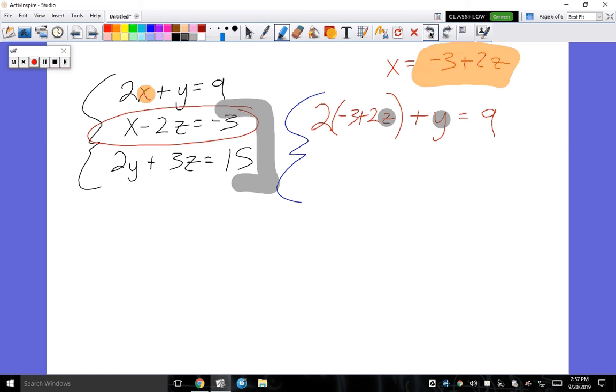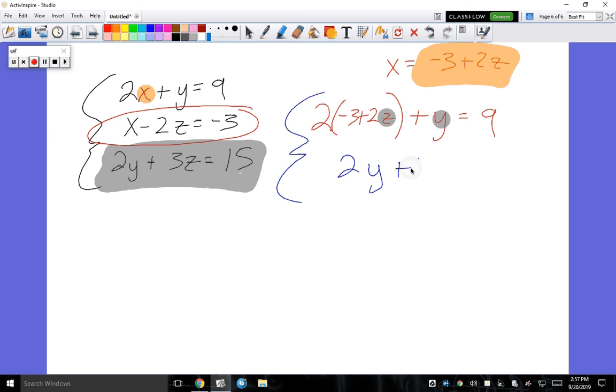Because this one's different. My goal is ultimately to get a 2x2 system with 2 variables. This substitution allowed me to get it down to z and y. And look, very conveniently for us, this one already is in z and y. You with me? So all I have to do is bring this over here, and that's different than what we did last problem.